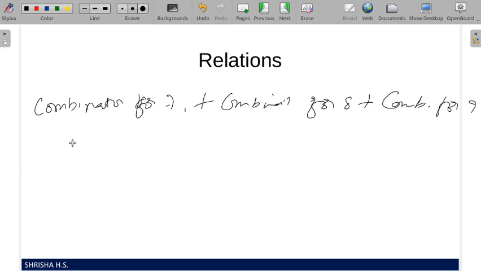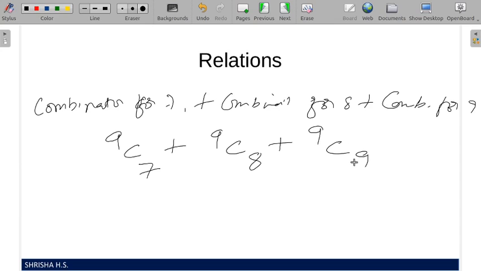Okay, so how do we do it? All the possibilities where we choose 7 out of 9 ordered pairs, plus all the possibilities where we choose 8 out of 9, plus all the possibilities where we take 9 out of 9. Okay, so that comes to 46.